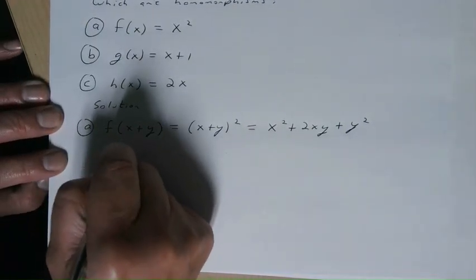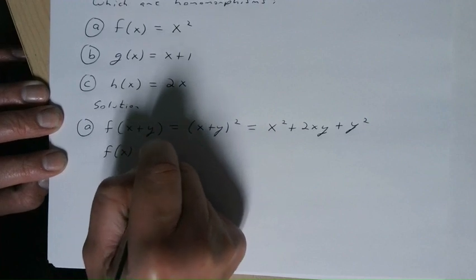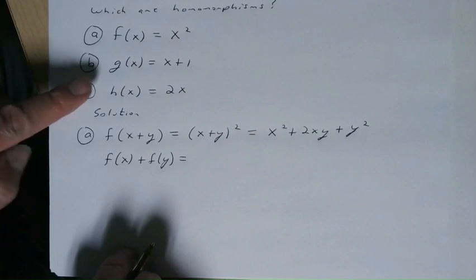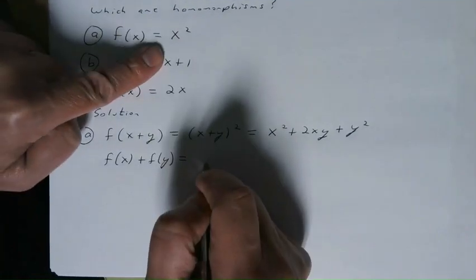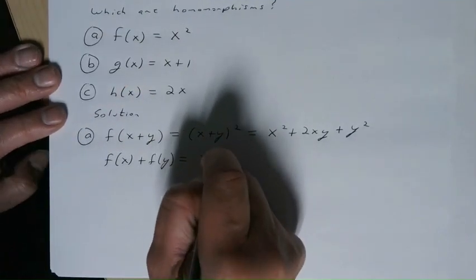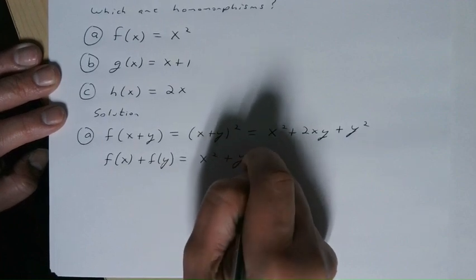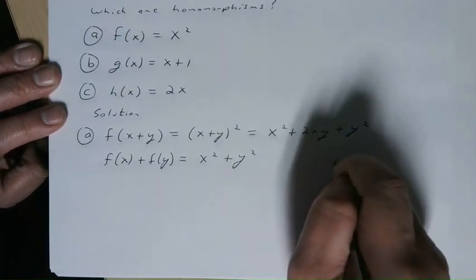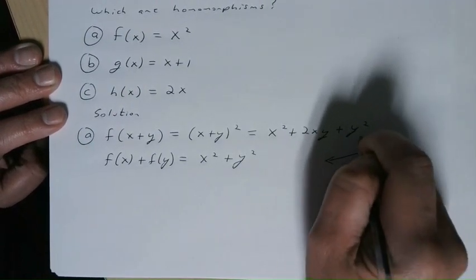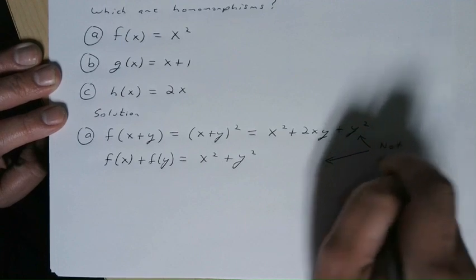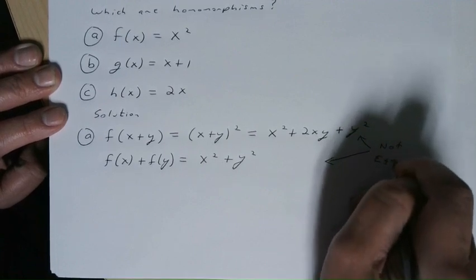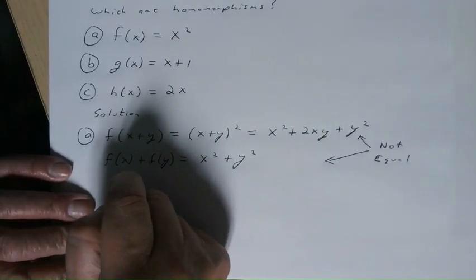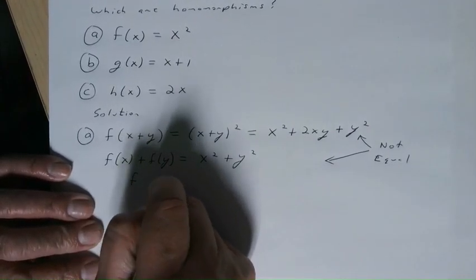If we do f x plus f y, using our definition of our function here, x squared plus y squared, we see that these are not equal. And so this f is not a homomorphism.